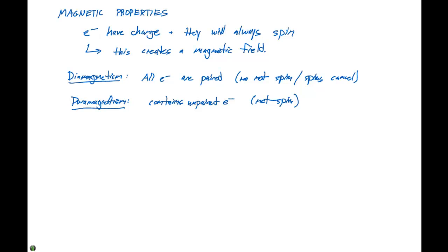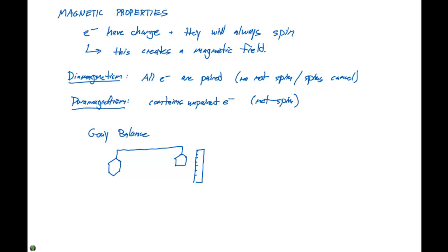And one of the things that we can use is something called a Gouy balance. And this is going to measure magnetism. So you kind of set up this particular balance, and we could put a weight on one end and use a ruler to measure how much this is going to be displaced.